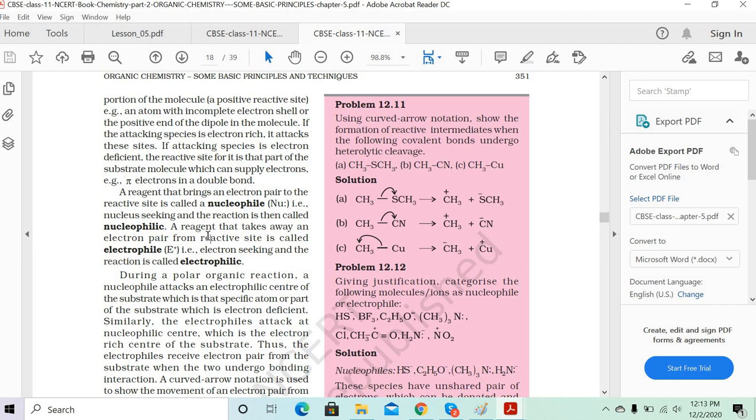The reagent is a negative ion, so it is rich in electrons. When it attacks the substrate, which has a positive ion, the reagent brings the electron pair to the reactive site, to the substrate side. That's why they are called nucleophiles. Understood? Yes, I understood. These are also called nucleus seeking, or nucleophile.